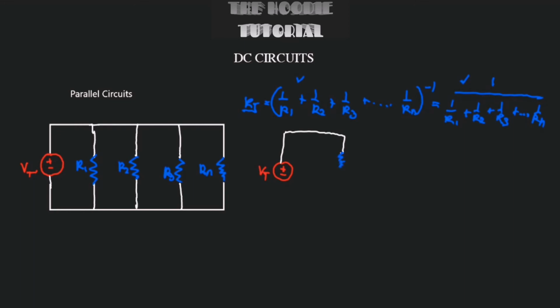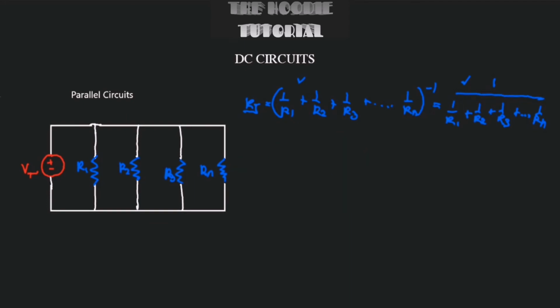So we have RT. Let's just close the circuit. This would be our RT, and then the current will flow through here. This would be IT. So if we already have the value of RT, this circuit and this circuit will be the same. This would be its equivalent circuit. So that's just for highlight.